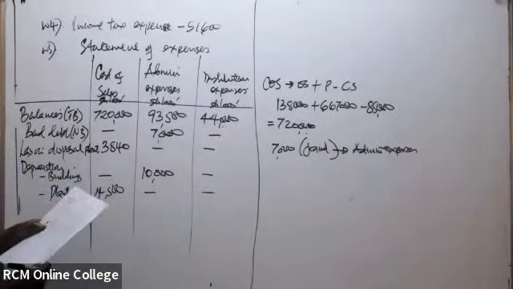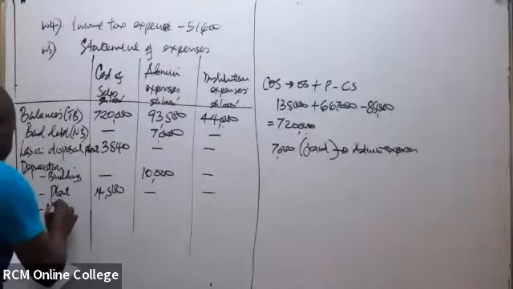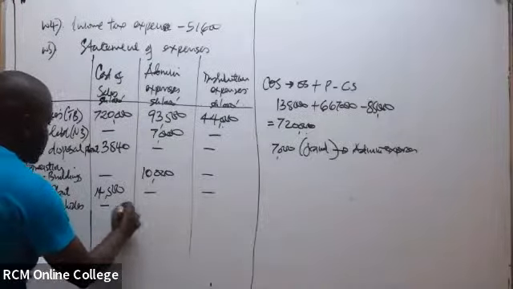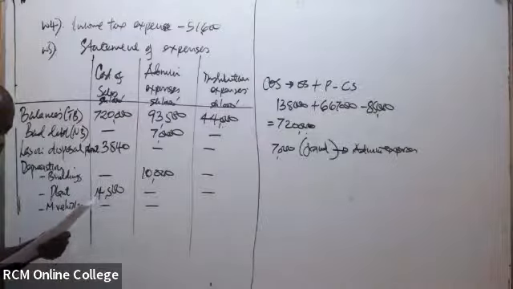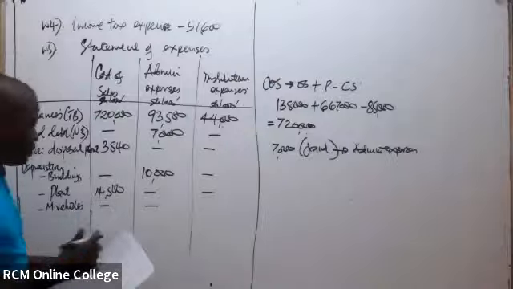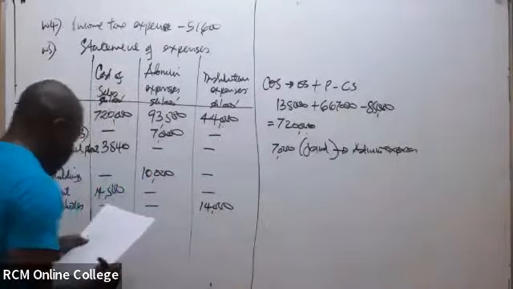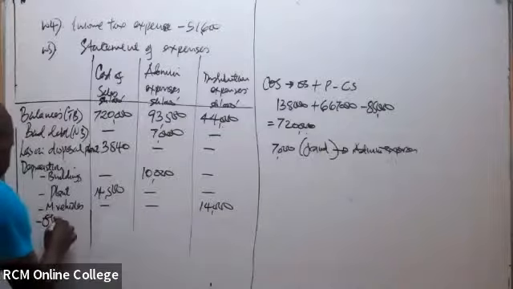Then motor vehicles will go to distribution. It was 14 million. Then the last one, you are told office equipment.